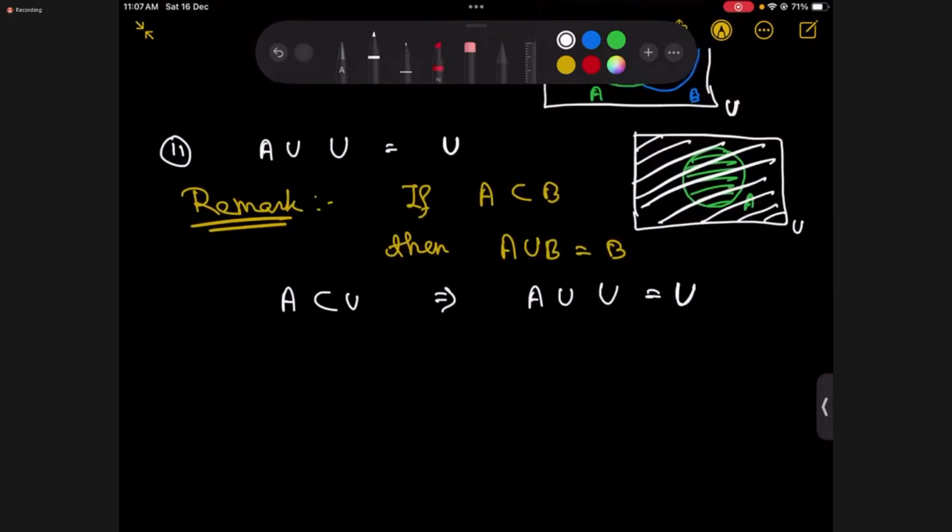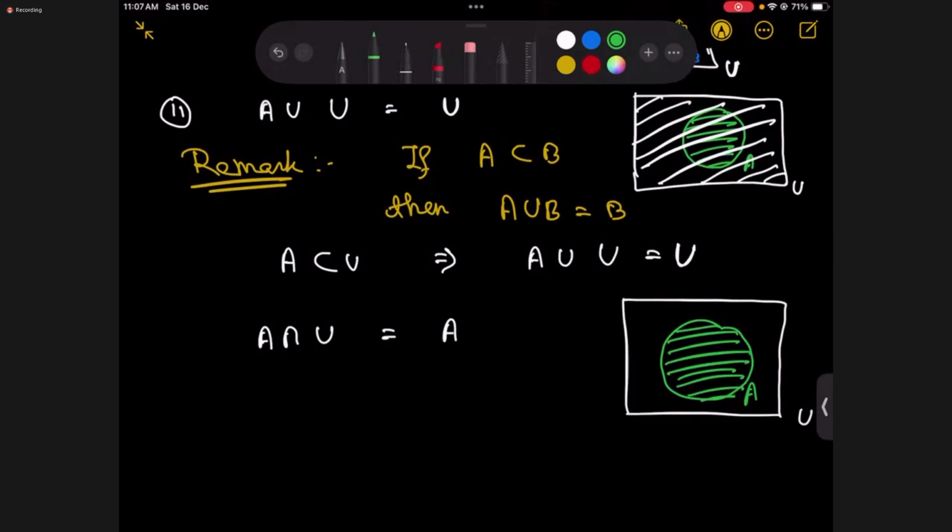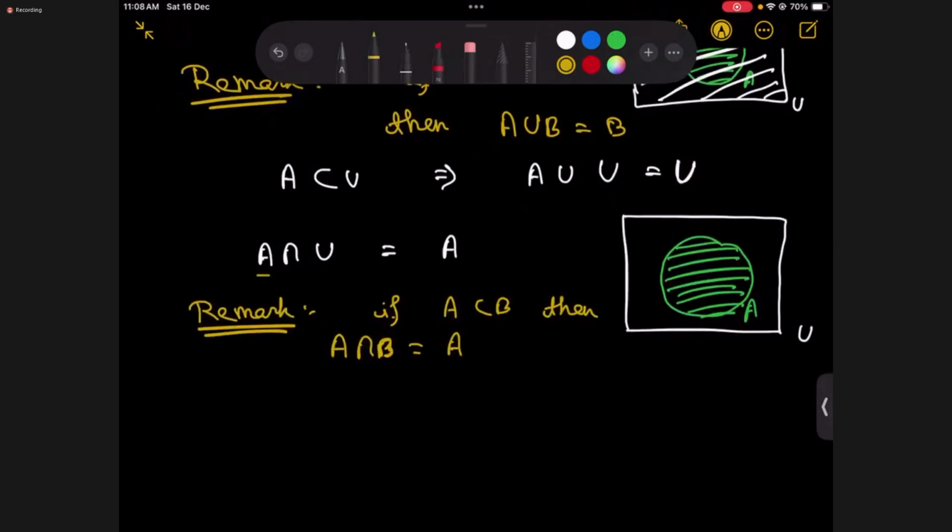Now, what about A intersection U? This will give the set A. Why? See the Venn diagram again. This is U, and this is our A. This set represents A, and it is a subset of U. Another remark from the last class: if A is a subset of B, then A intersection B is equal to A. So clearly this is true.